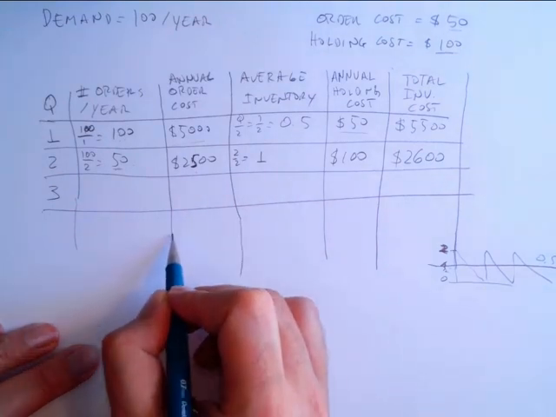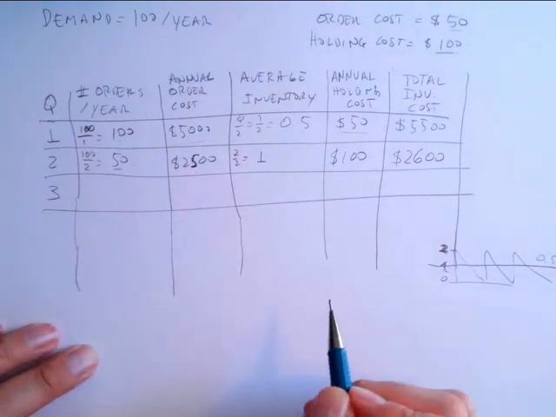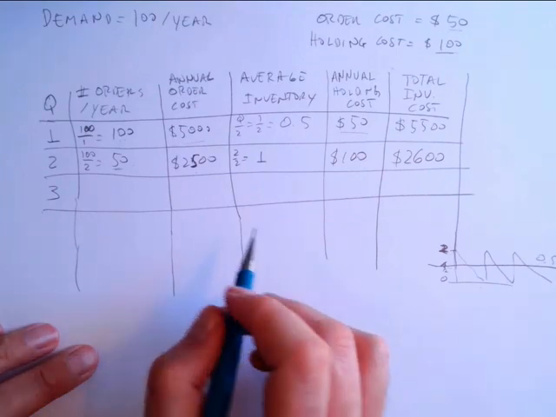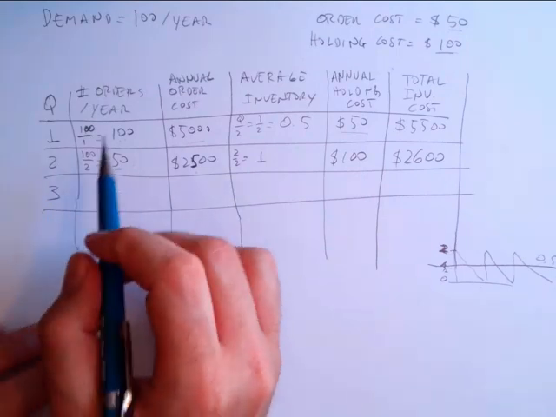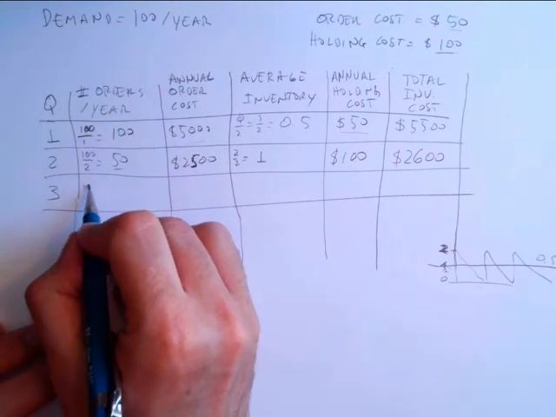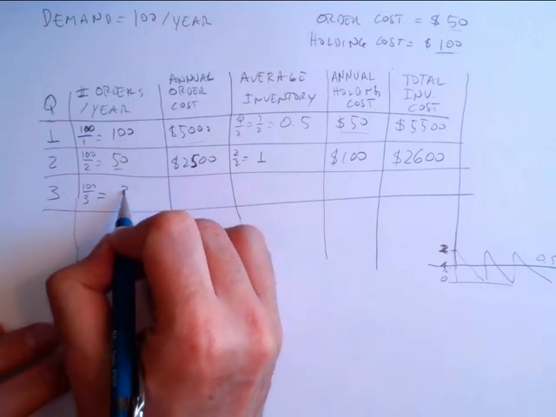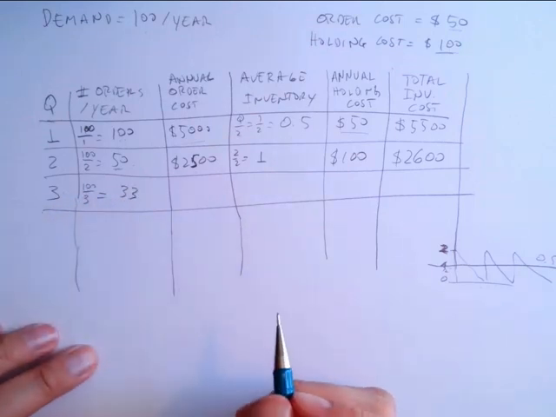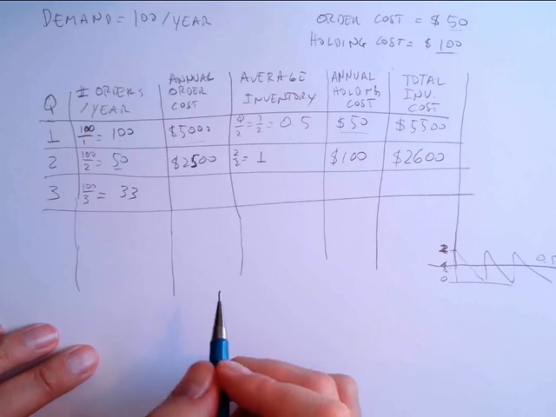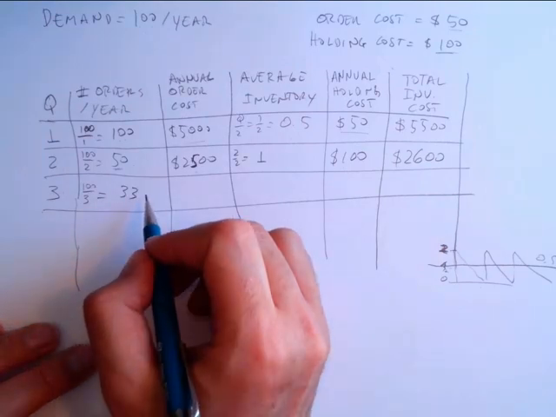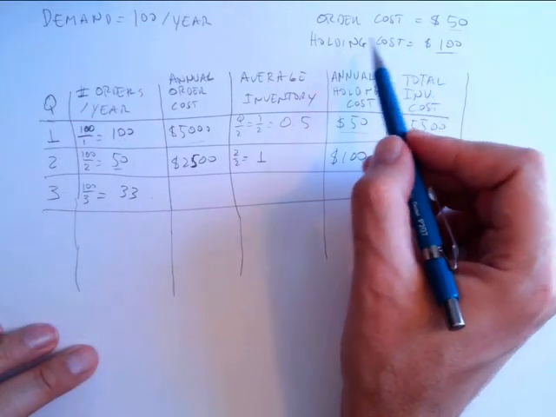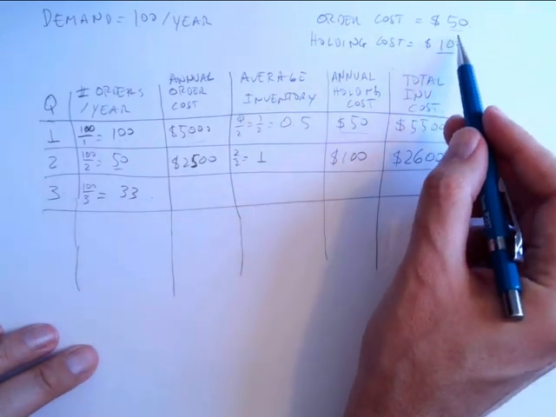So let's fill out for 3 now, right? And you guys probably know now the answer for some of this math, right? So I'm buying 3 at a time. I need 100, so it'll be 100 divided by 3. It'll be 33, right? I need to go 33 times. I'm just rounding it down. If I go 33 times, I need to multiply that by my ordering cost.